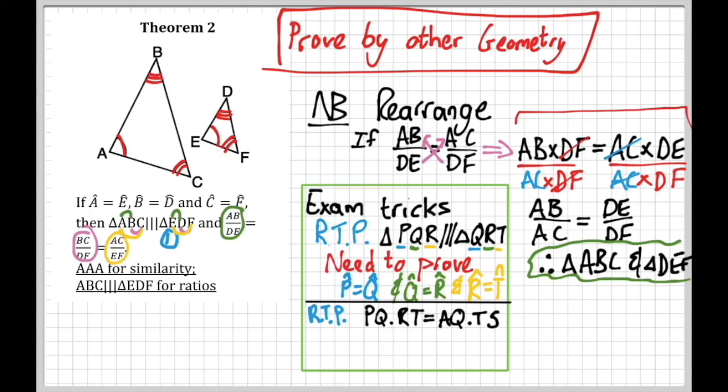So I am going to divide the RT to the right, and divide the AQ to the left. And I'm going to sit with PQ over AQ equal to TS over RT. I encourage you to see exactly why and how I can do this simply by looking at what I did here on the right of the board.